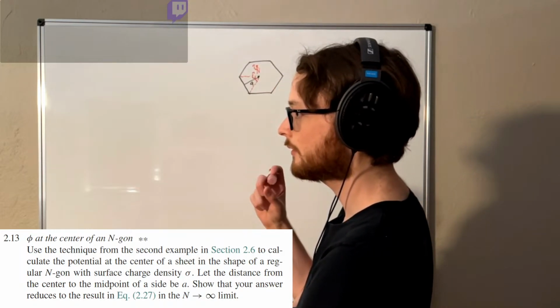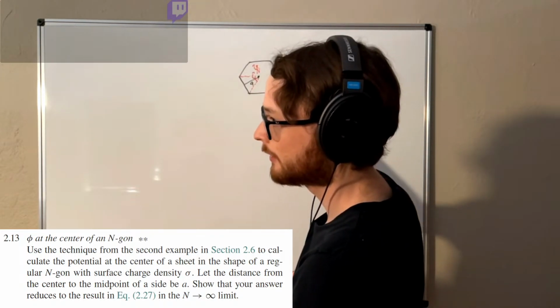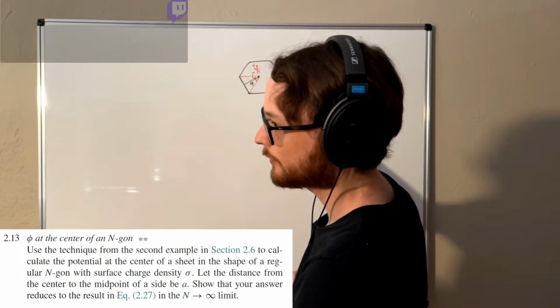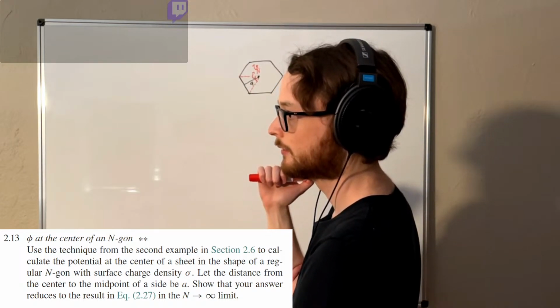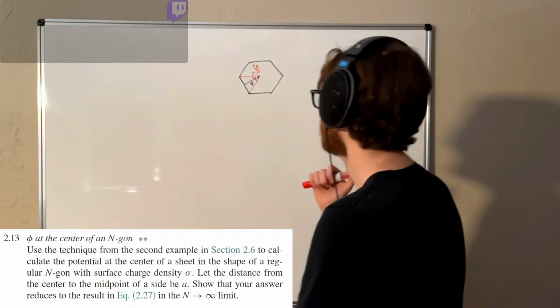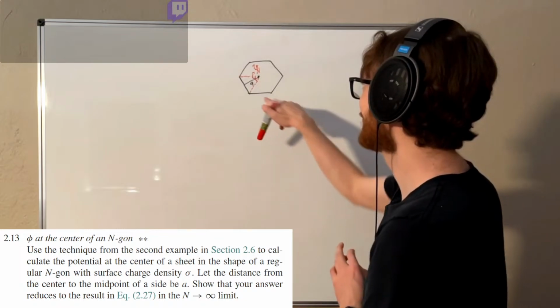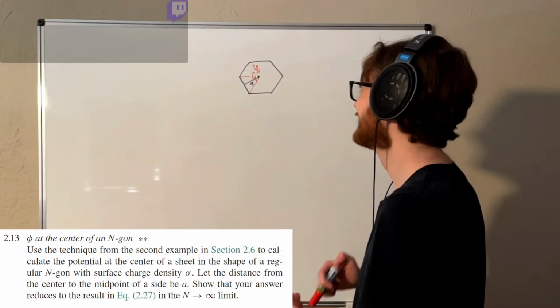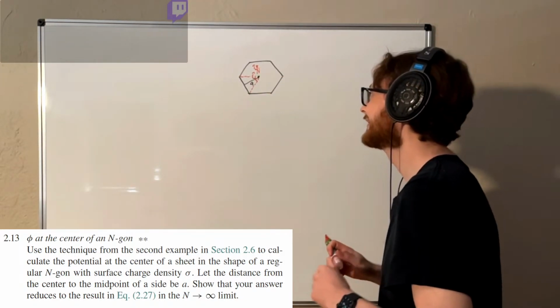Because that would be the numerator in the formula for potential, I think. And we multiply it by the number of sides, I guess.